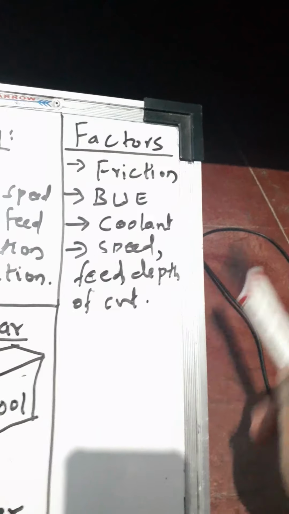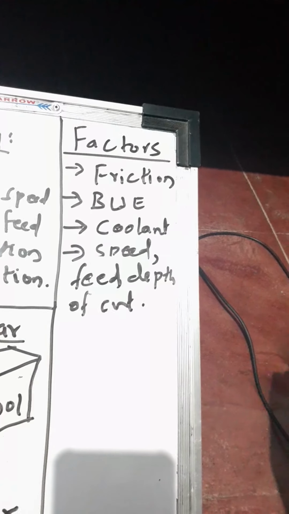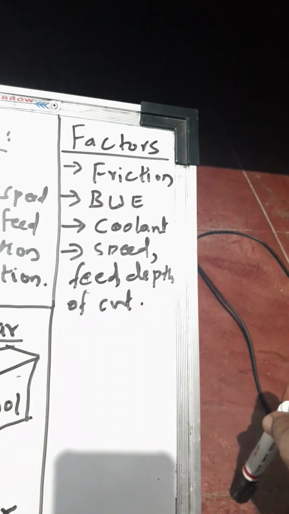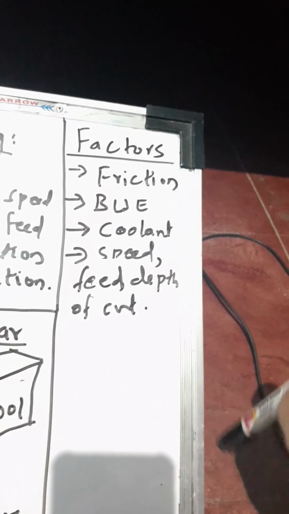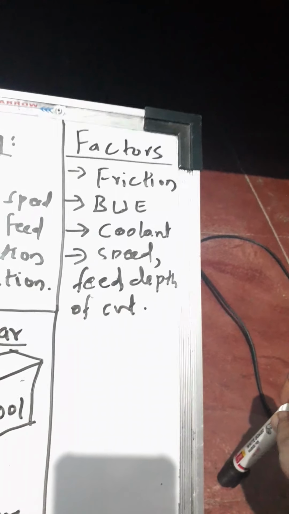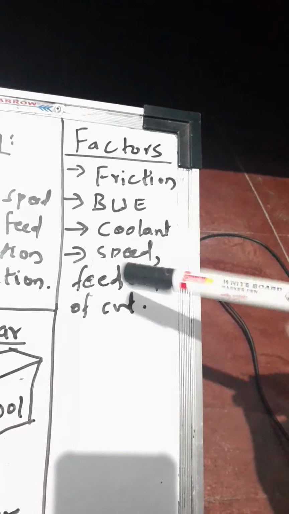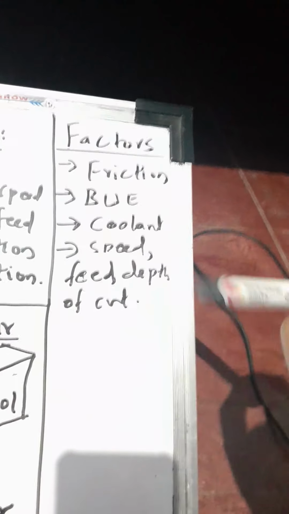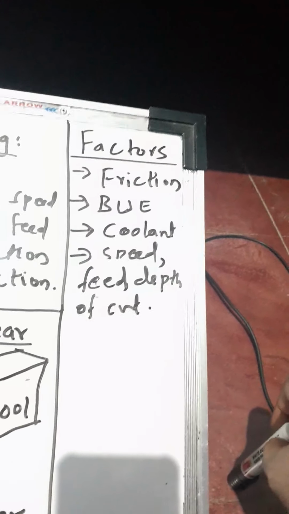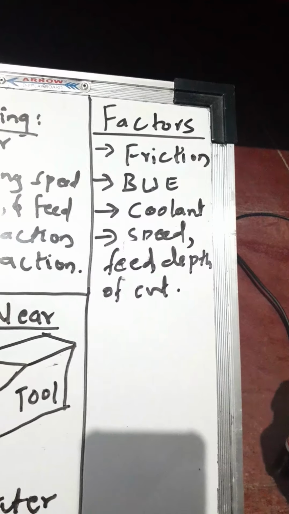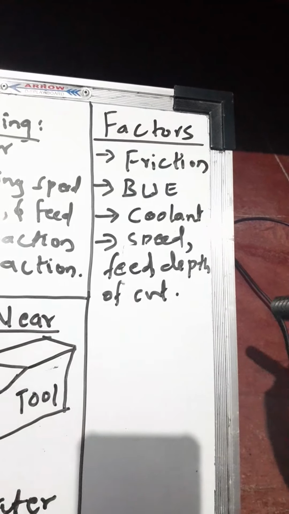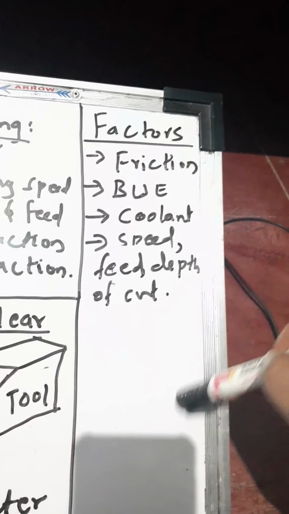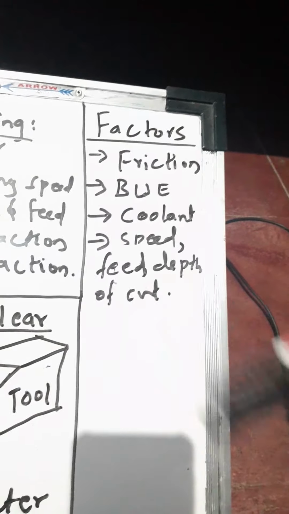So it is better to use the best available coolant to avoid crater wear, and you should avoid the formation of built up edges to reduce crater wear. So this is about the types of wear which generally occur in the tool during a cutting operation.